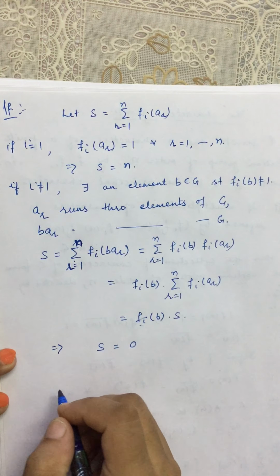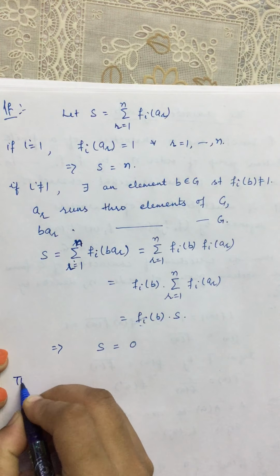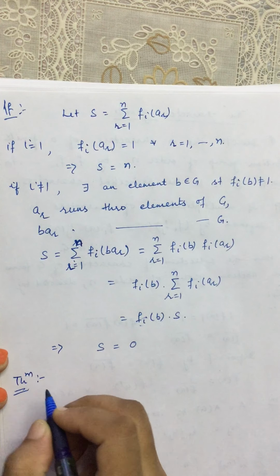So now we will use this theorem to prove that A has an inverse, that A is an invertible matrix.